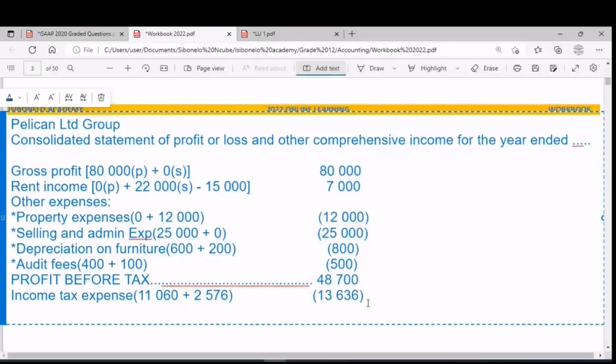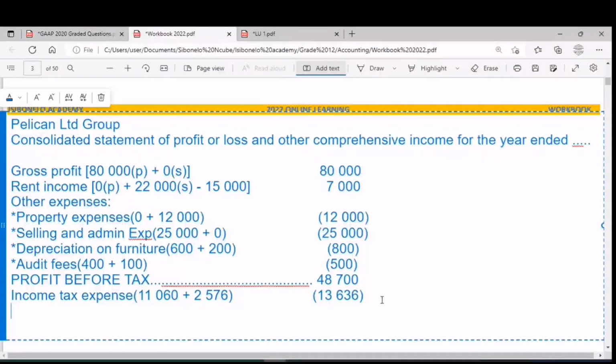Then sesiyakhona-ke ukuthi sithole i-profits for the year. So profits for the year, 48,700 minus 18,636. 35,064. 35 and 64.